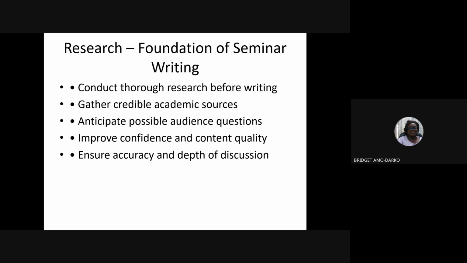You have to also improve confidence and content quality. Last week, we said that a presenter should be what? Knowledgeable. You have to be confident, with content quality. You have to know exactly what you are talking about. You know the ins and outs of the content that you are talking about. Ensure accuracy and depth of discussion.